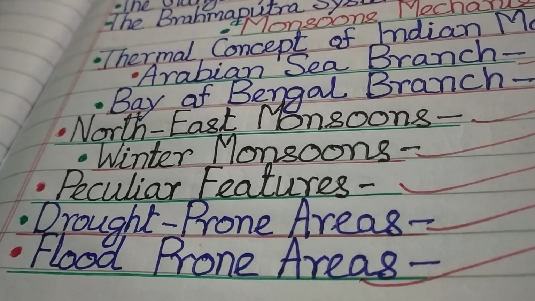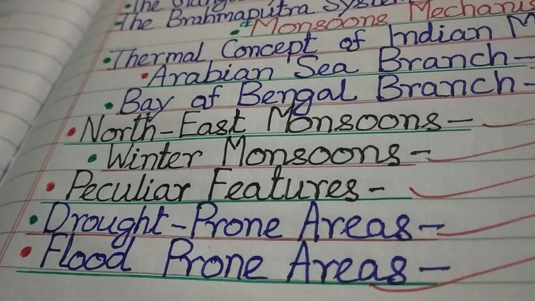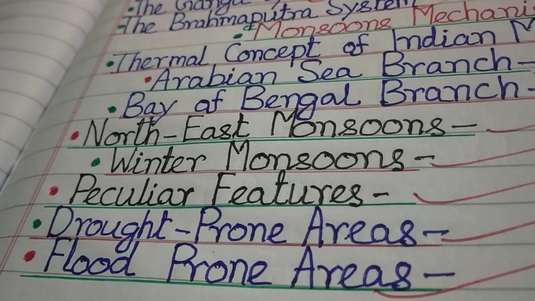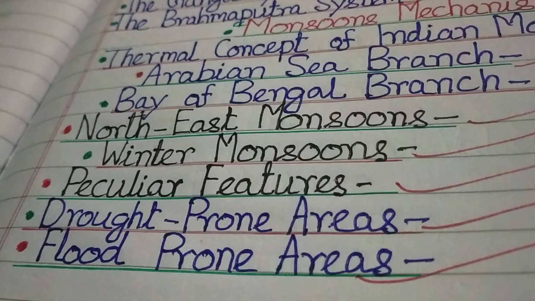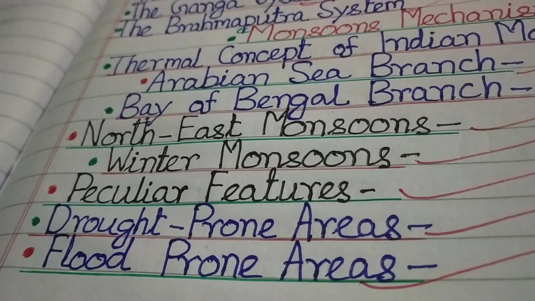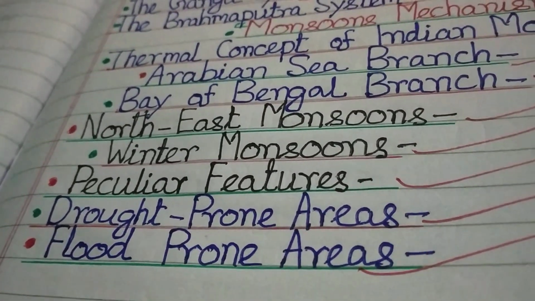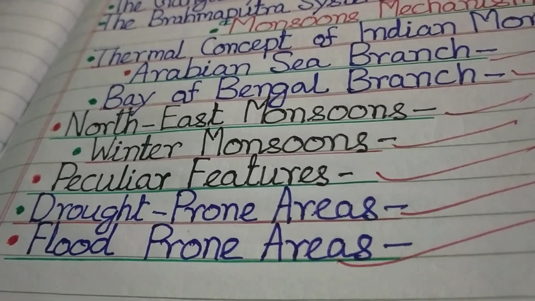80% of it occurs in the June to September period, while the rest is distributed as 13% during the period of October to December, 3% during January to March and 10% during March to May.